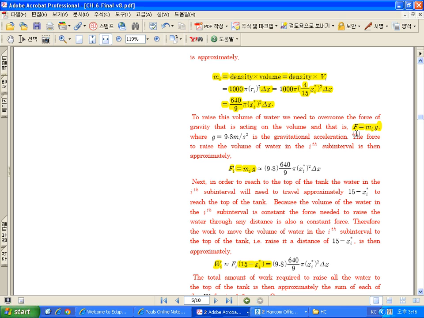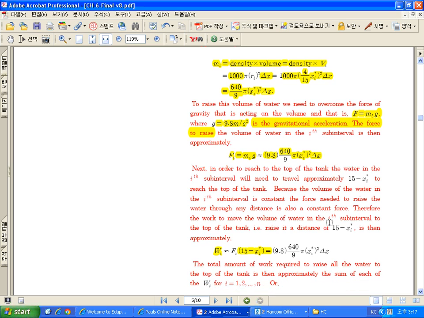Fi is equal to Mi times g, and g is 9.8, the gravity. So Fi is approximately 9.8 times this Mi here: 640 over 9 times pi times xi squared times delta x. And then we have Fi now.